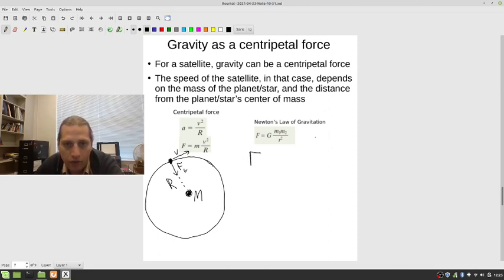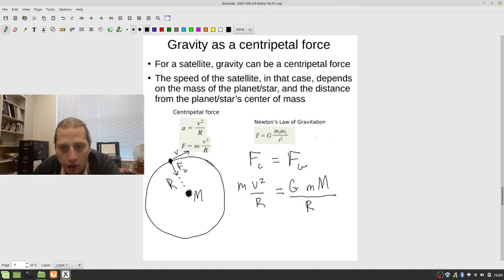If we have our centripetal force equals gravitational force, then I can say m v squared over r equals G, that's that 6.67 times 10 to the minus 11 newtons times meters squared over kilograms squared, times m for the mass of the satellite, big M for the mass of the thing being orbited, like the Earth in the case of a communications satellite, over r squared.